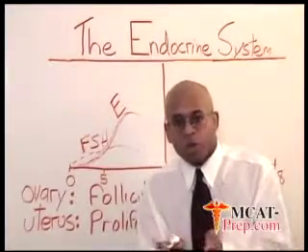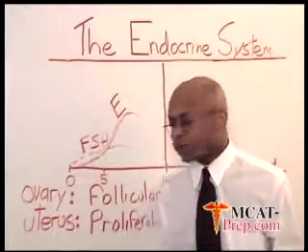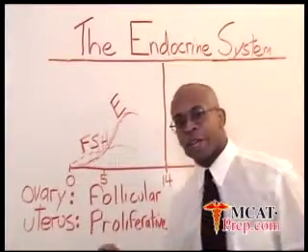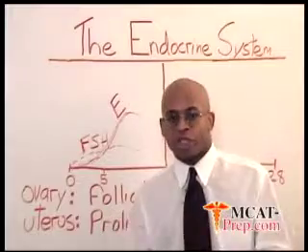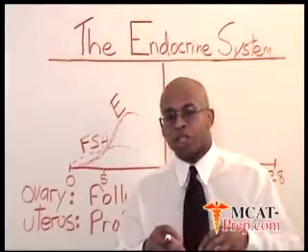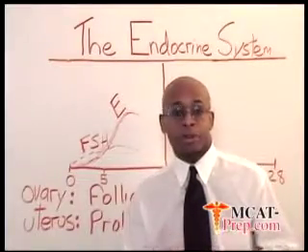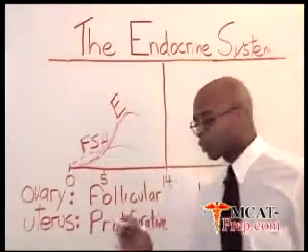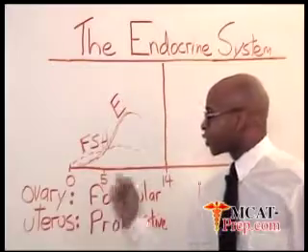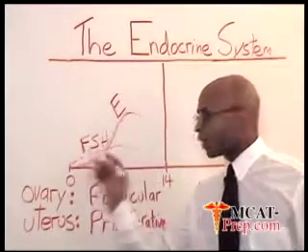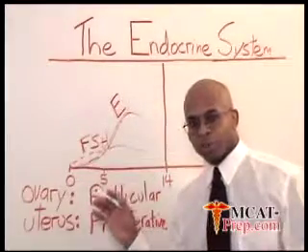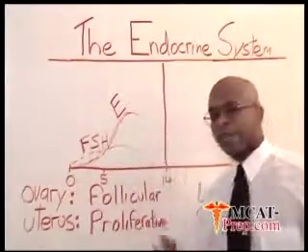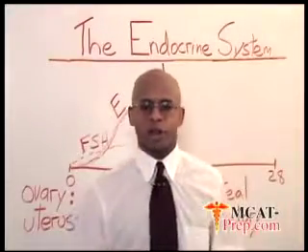The proliferative phase refers to the fact that estrogen will lead to the proliferation of this inner layer, the endometrium. So it becomes thicker and thicker in response to estrogen. Now we have the estrogen going up, we have FSH, which rose initially, and we're coming towards ovulation.